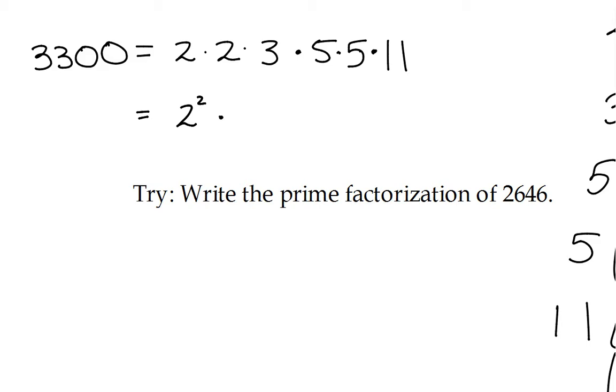We have how many factors of 3? Notice I don't write the 1. How many factors of 5? And how many factors of 11? Okay? You guys feel okay about that? It might seem like at this point, why am I doing this? Later we'll see how it helps.